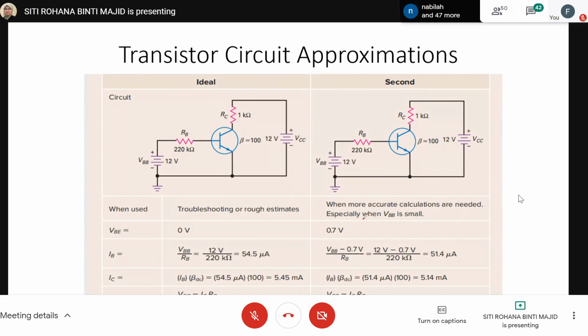Then we need to consider this value. Even though the value is less than 1 volt, you can see the difference between the calculated IB values for these two types of BJT. For the ideal diode, we can strictly use the total voltage supply, but for the practical one, we have to consider VBE on, and then the value for IB is different.